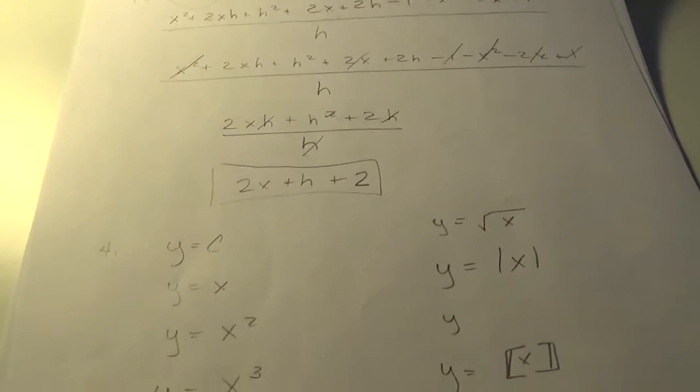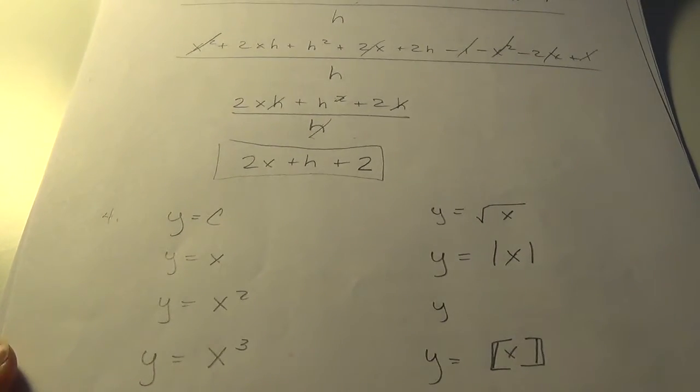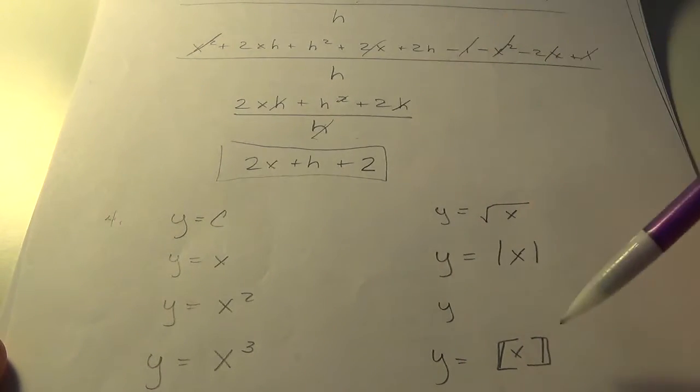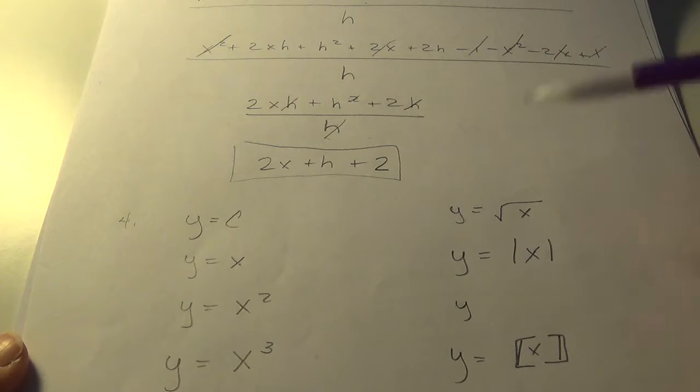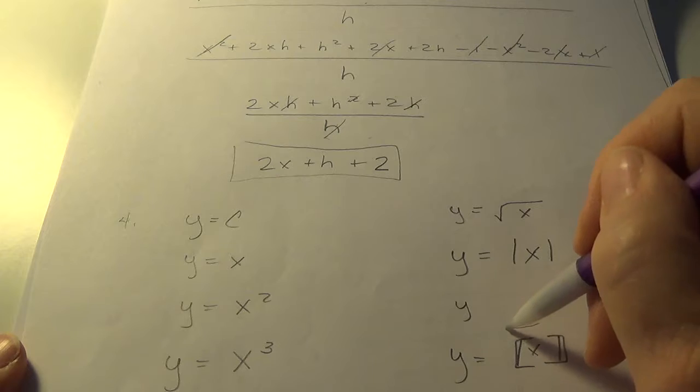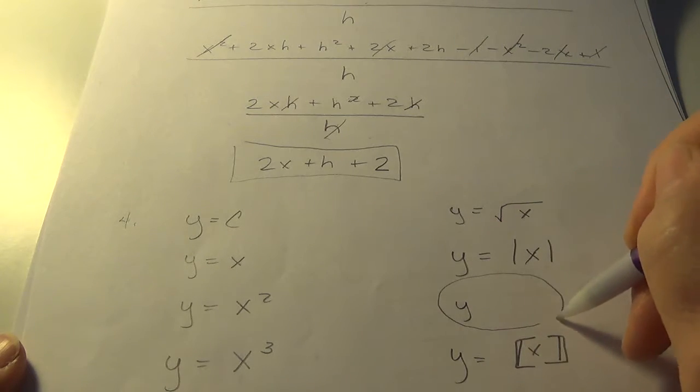Alright, here we have the 8 parent functions. I left one out, and that's because I can't think of it. So your job is to come up with one of the 8 that I forgot, if it comes to me.